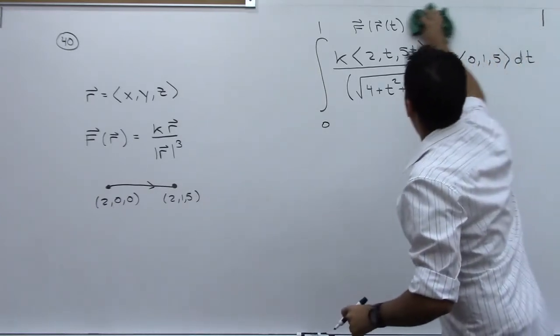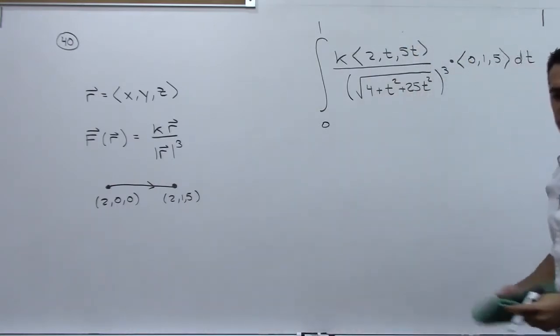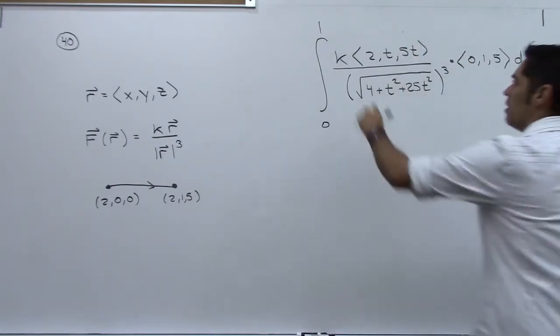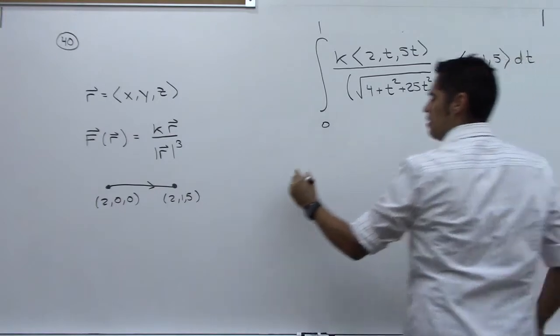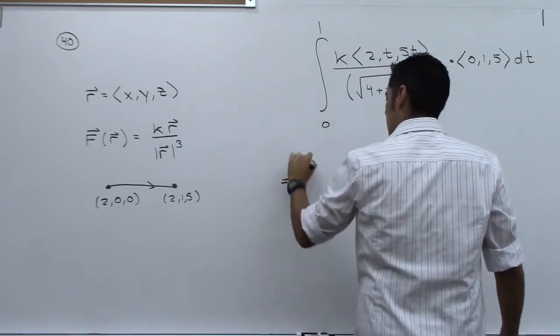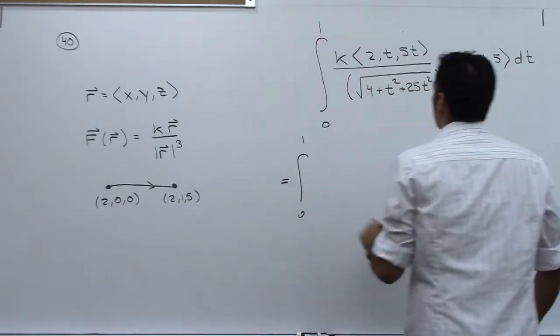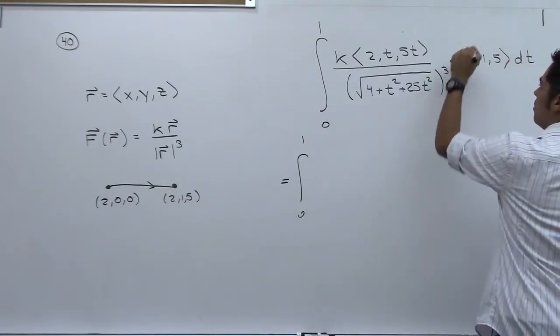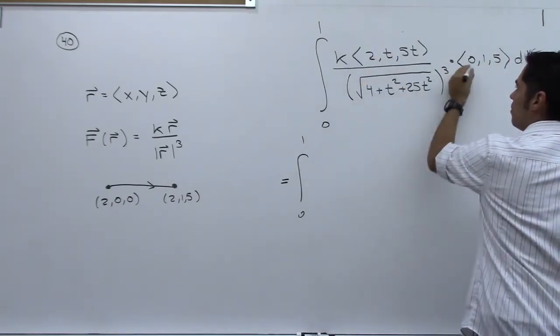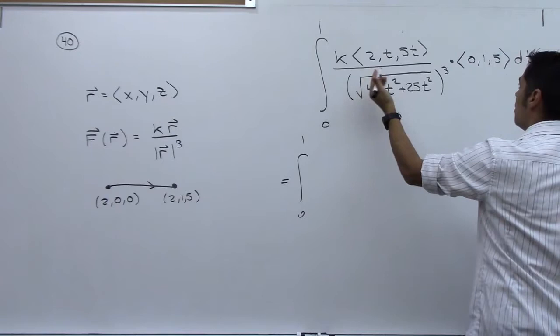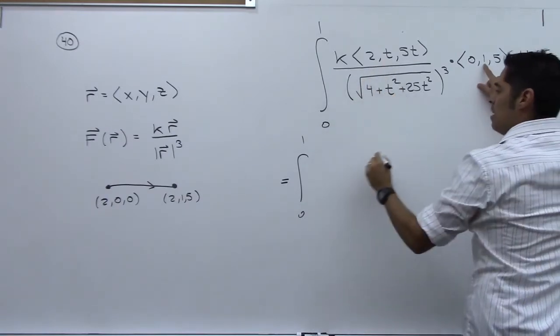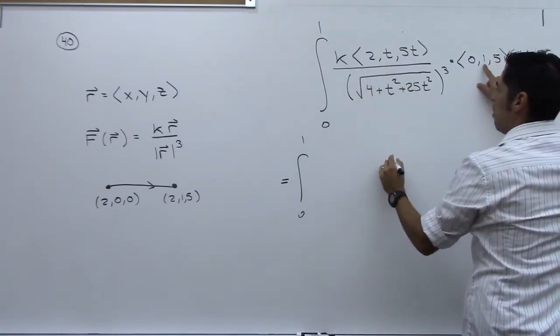So let's see if there's anything we can do to help clean this up. Remember that k over all this is a constant. So we get the integral from 0 to 1. Let me just dot these two vectors. 0 times 2 gives me 0. 1 times that gives me t. So I'm just looking at the dot product right now.